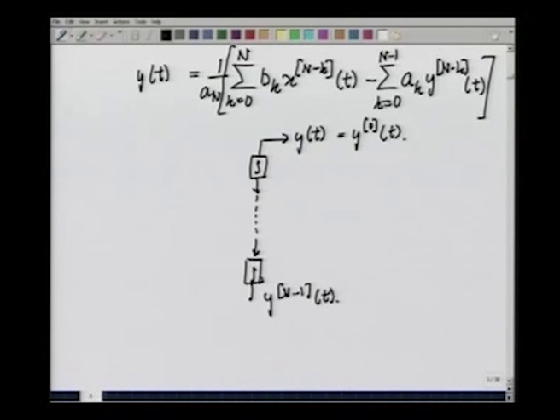Fine. Now, I have to use all these. The coefficient of y n minus 1 will be a 1. So, this has to be multiplied by minus a 1.